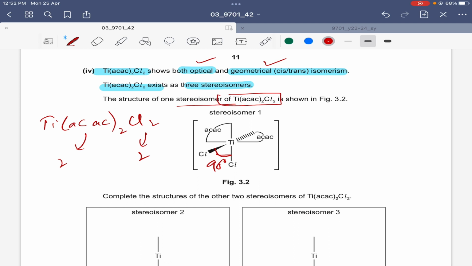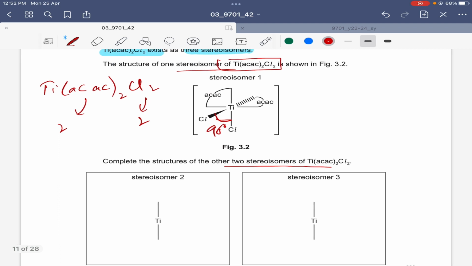Complete the structure of the other 2 stereoisomers of this complex, right? So now we have to draw the 2 geometrical isomers. When both the monodentate ligands are 90° apart, that means it is cis. And if they are 180° apart, let's suppose we draw the other two isomers.